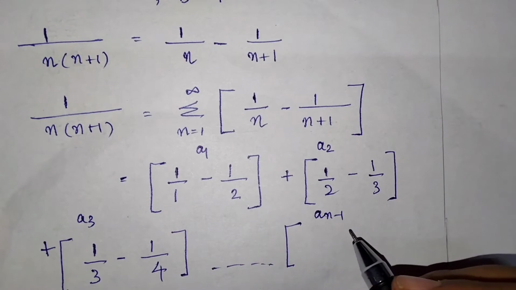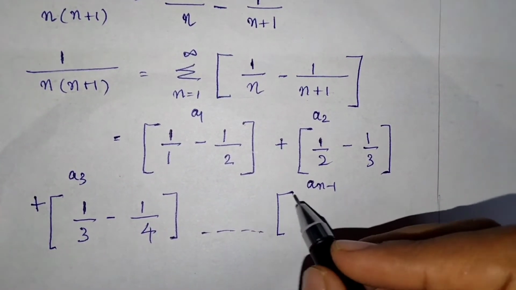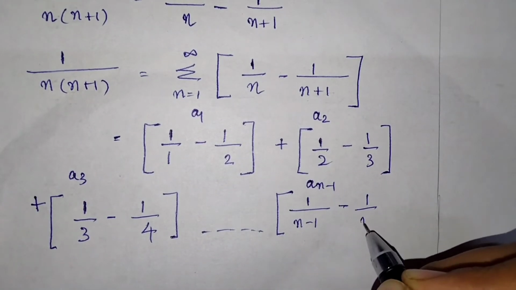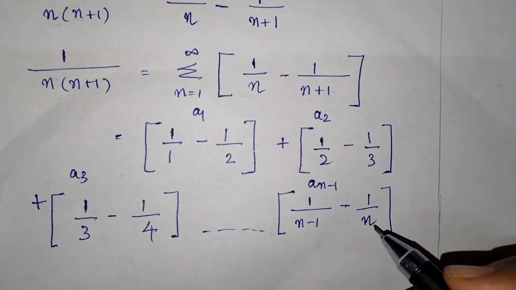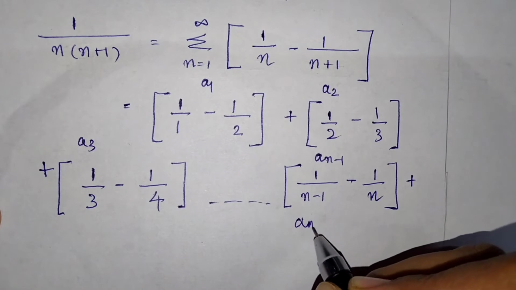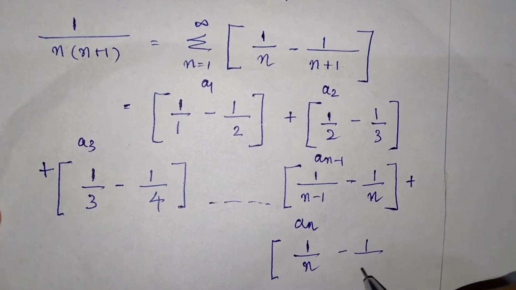And then after n minus 1 I will keep n. So if I keep n minus 1, then I will get 1 upon n minus 1 minus 1 by n, because n minus 1 plus 1 is n. And then at last I will put the nth term, that is An, so 1 by n minus 1 upon n plus 1.